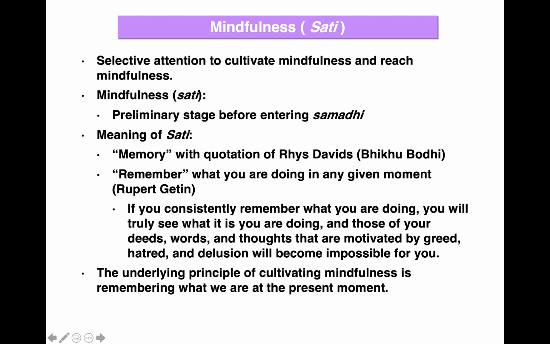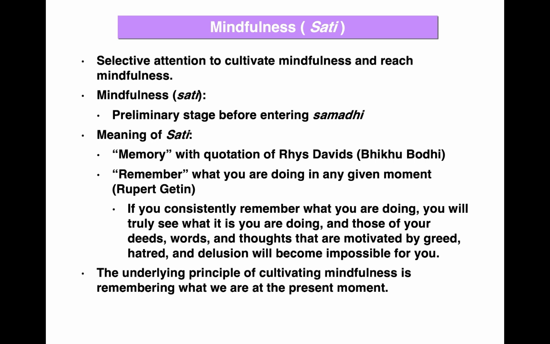Sati means trying to remember what you are doing in any given moment. It sounds magical. In other words, when the practitioner looks at the physical disc, and the very next moment the mind might think of something else, and then brings attention back to the physical disc. When this practice is repeated again and again, the practitioner has no room to be with the three poisons at the present moment.